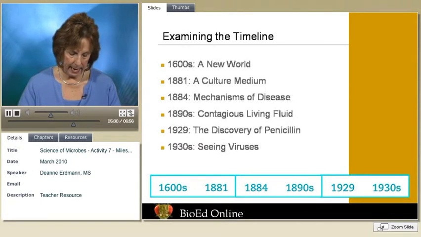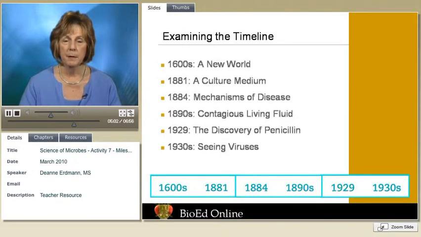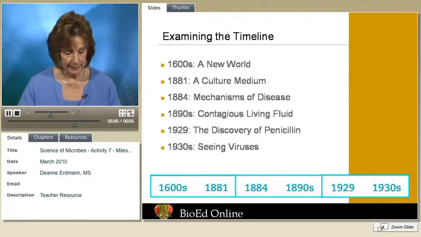Once the students have finished laying out their timeline, the next thing that you want to do is to have the class decide what they think. And there's a couple of them that are really pretty close together that could go either way based on the clues that are given in the reading. And so they want to see if they can iron out those differences.